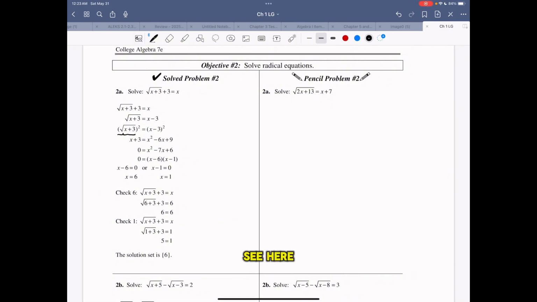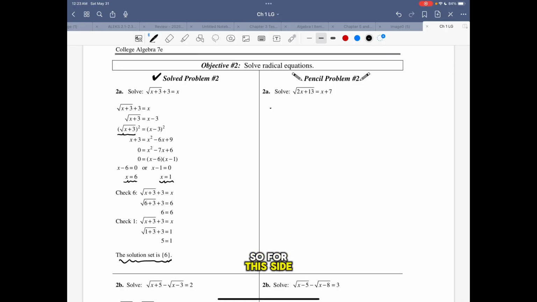So you get x equals 6 and x equals 1, but the solution set is only 6, because when you plug it back in, the 6 makes sense, but x equals 1 does not make sense.